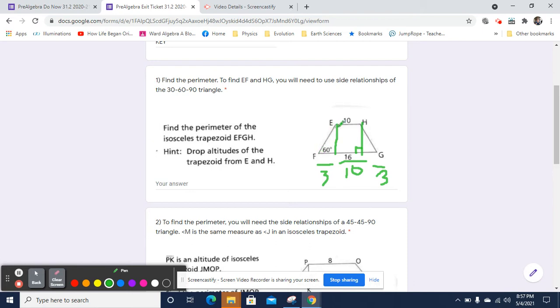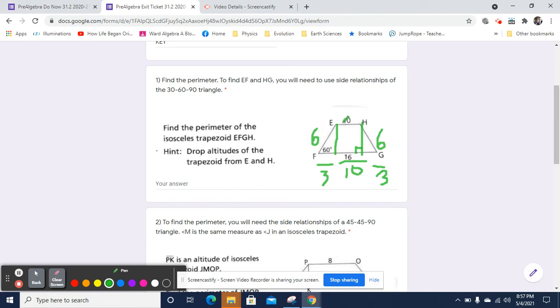What we need is FE and HG. So if this is 3, then this has to be 6, and that has to be 6 as well. And that's one of the beauties of a special right triangle, the 30-60-90 right triangle. It has these two sides that are in a 1 to 2 relationship, so we can put it all together.